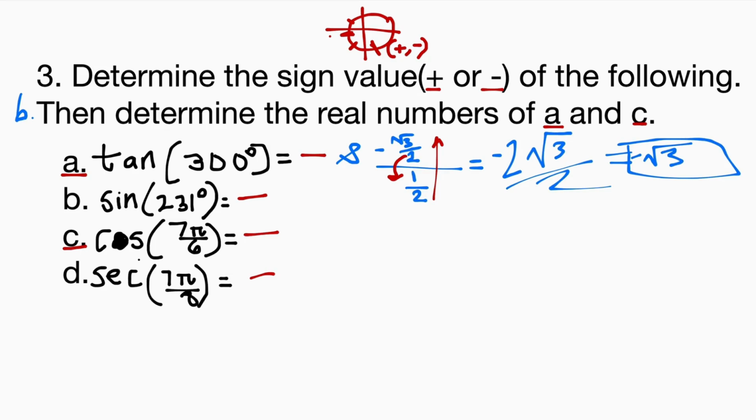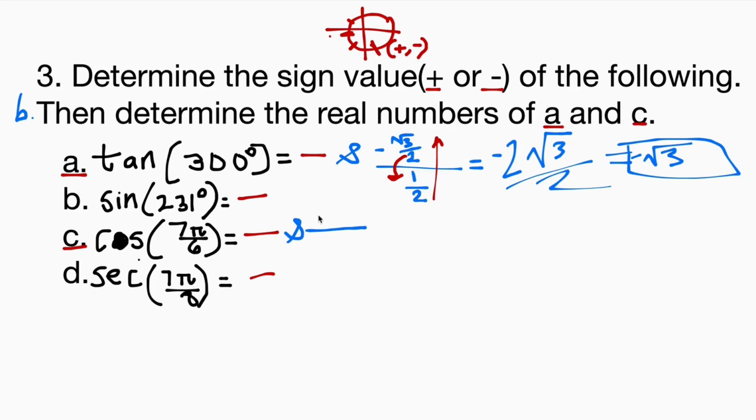So, moving on. For C, we have to find the cosine of 7 pi over 6. According to our unit circle that we should have memorized, 7 pi over 6 is basically 210 degrees. But if you didn't know that, you need to know that. Our cosine is adjacent over hypotenuse.